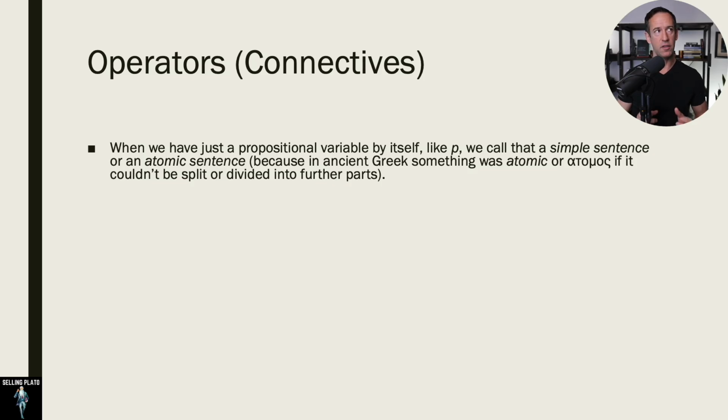So think of it as the simplest thing possible. It can't be split or divided. And that's how we need to think about atomic sentences: it's just one sentence that can't be divided into further sentences. So we're going to label those kinds of sentences atomic sentences.